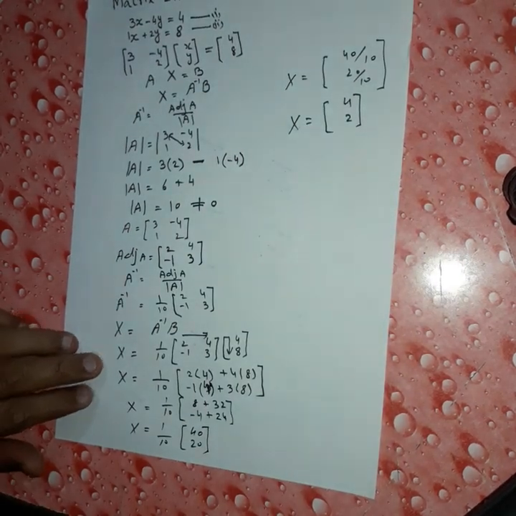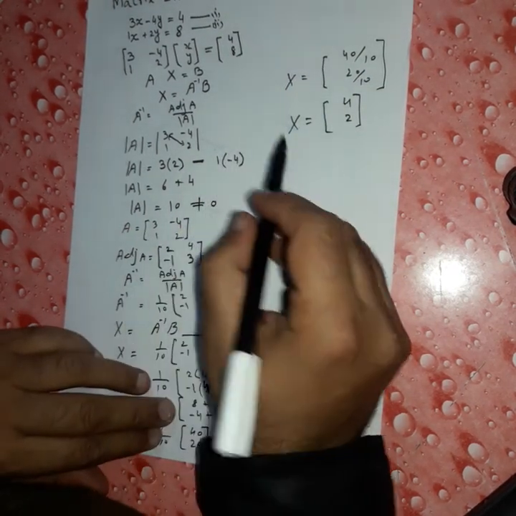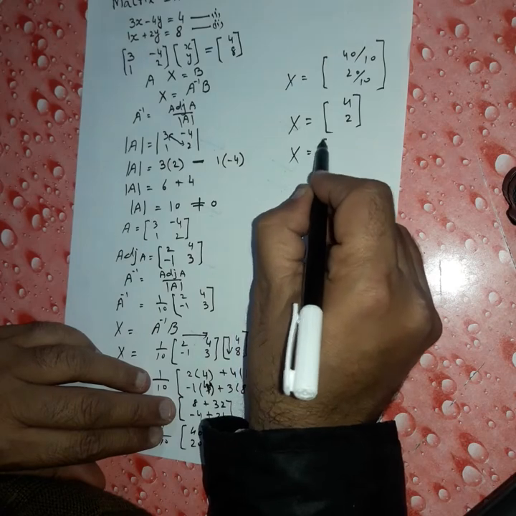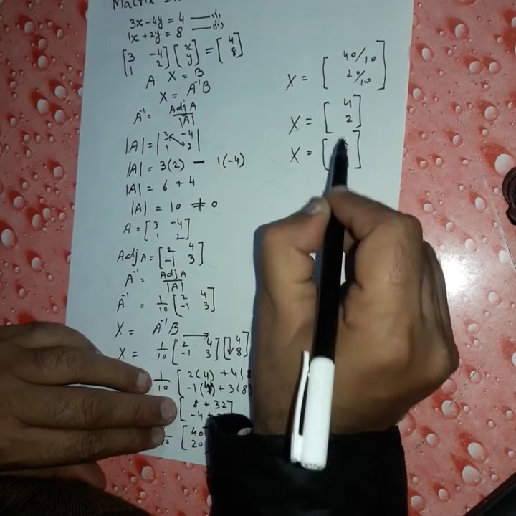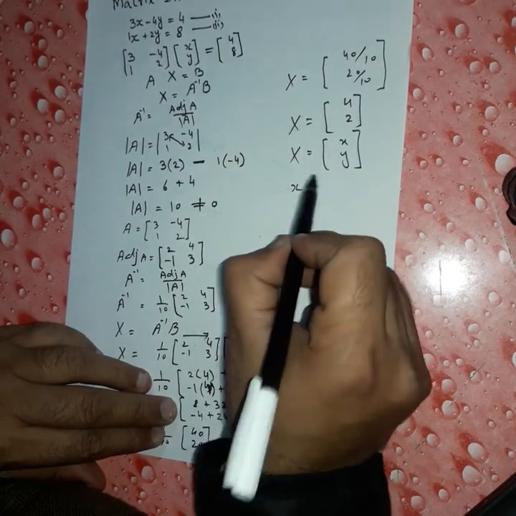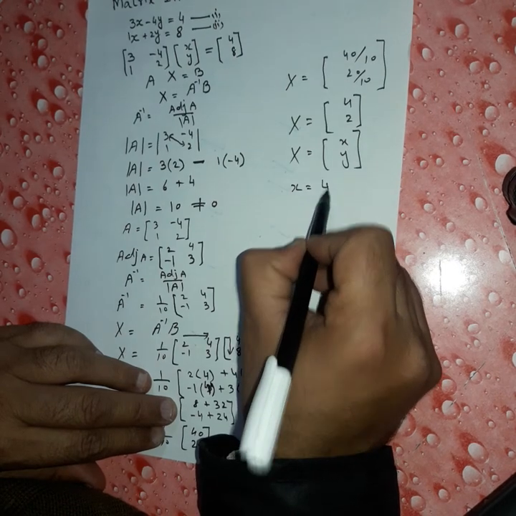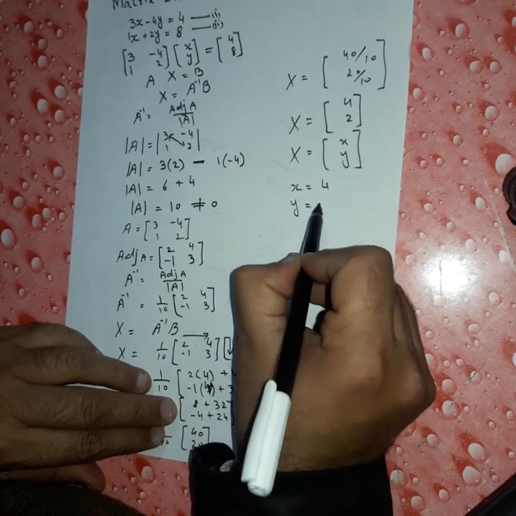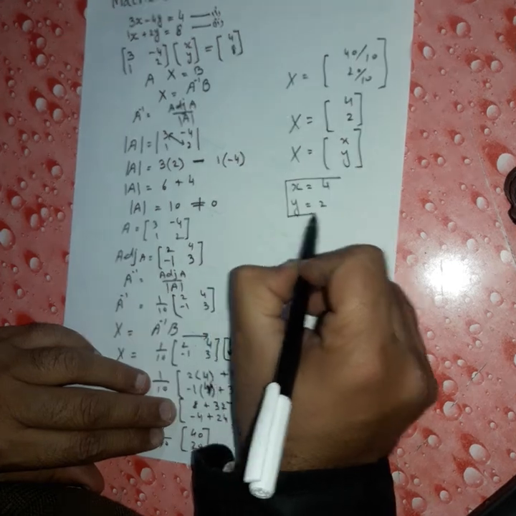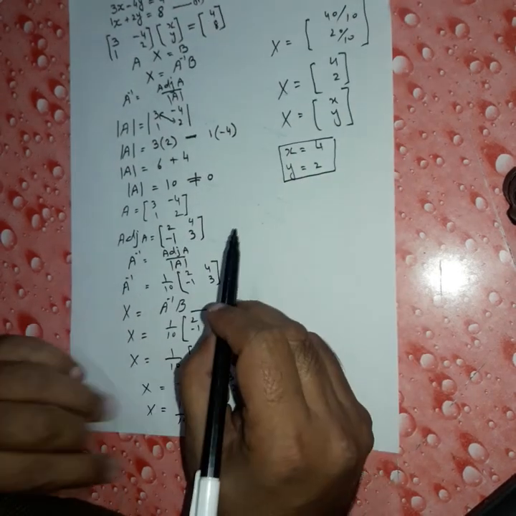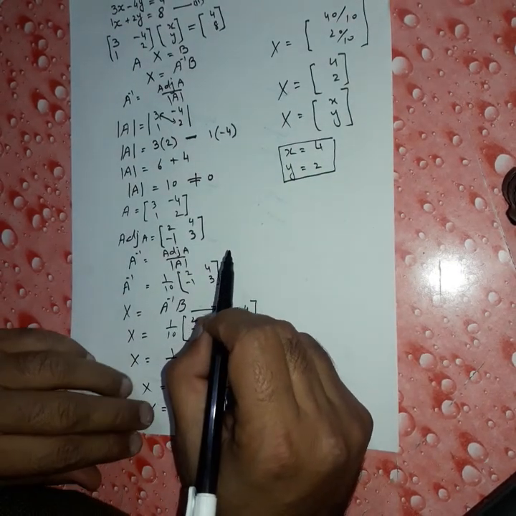Now capital X is equal to 4 and 2, but capital X is equal to small x and y. Compare these two matrices. So x is equal to 4 and y is equal to 2. This is our solution.